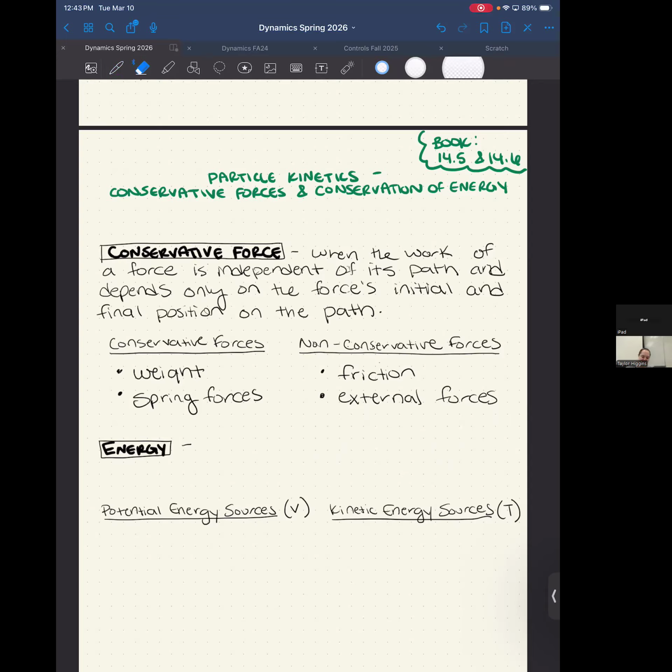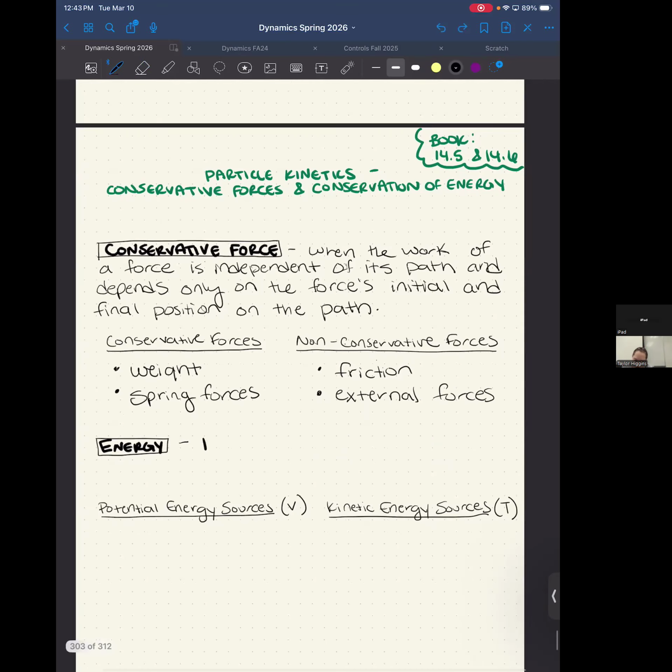I'm going to erase that because I need the space. Okay, let's talk about energy. Energy is the capacity for doing work.